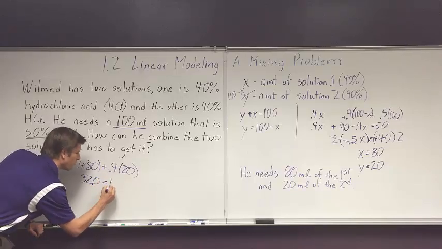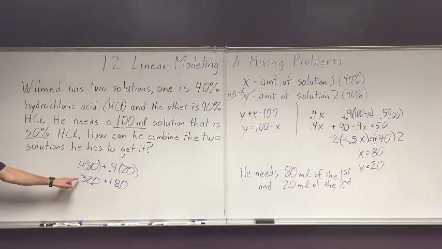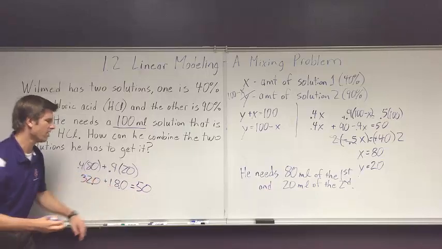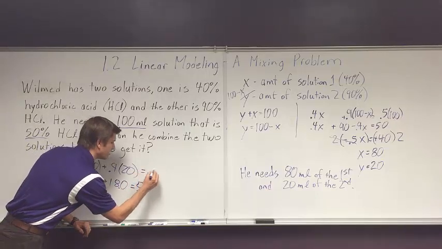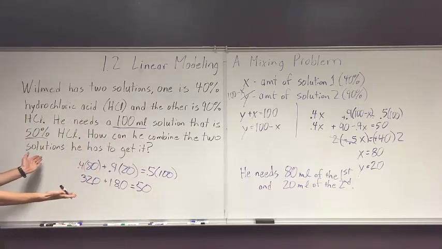And here, I multiplied out 180. Oops, that's a plus. That's 18, so 32 plus 18 is indeed 50. And 50, of course, is half of the 100 milliliters. So I'm perfectly right, and life is great.